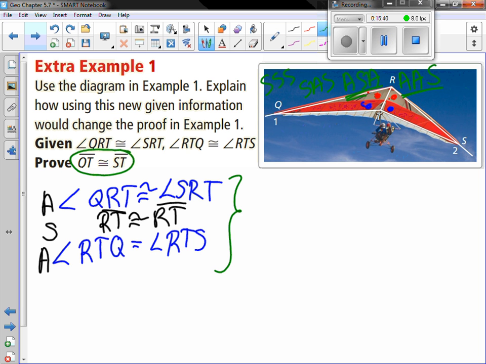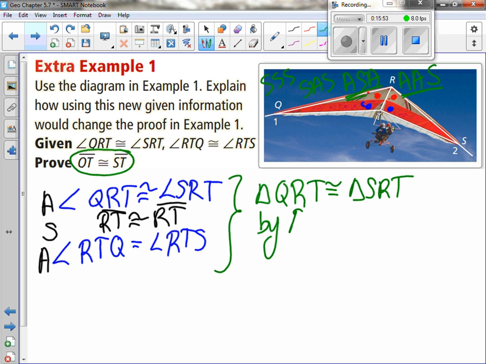Now, once we have this, we can say that triangle QRT is congruent to triangle SRT by our angle side angle congruency theorem, which means what?